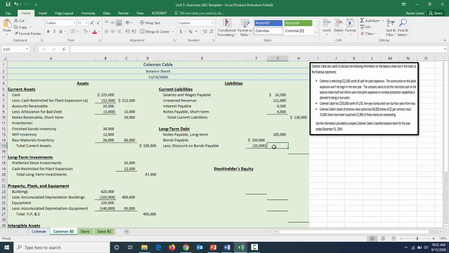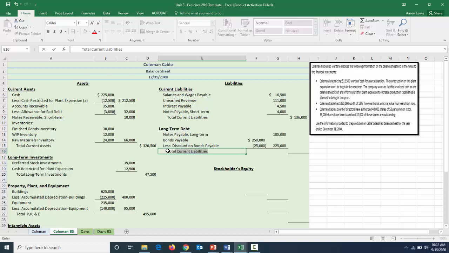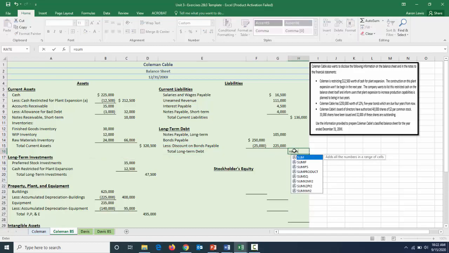And when we do that, we're going to find that our bonds payable right now have a current value on the market of 225,000. Well, if we add those two together, and by those two I mean our note and the book value of our bonds payable, we're going to get our total long-term debt, which is equal to the sum of those two numbers.